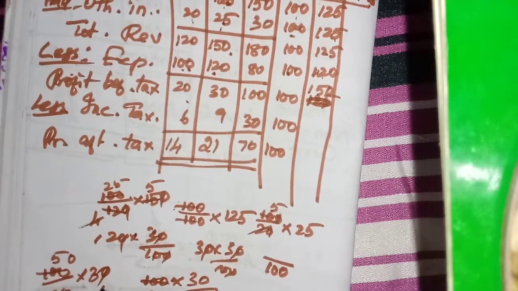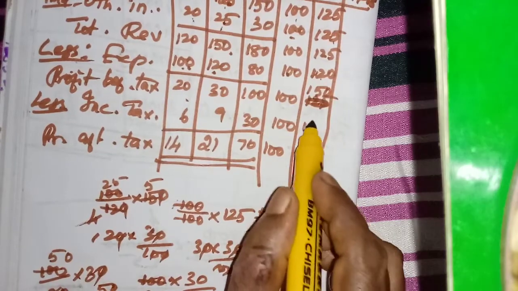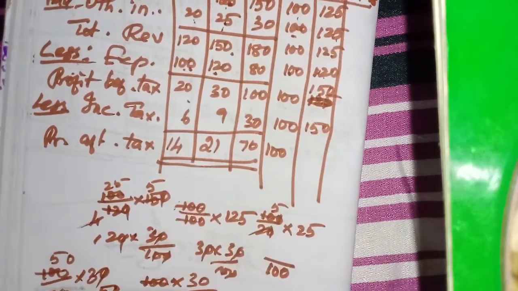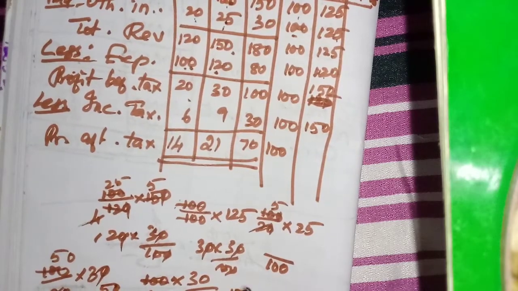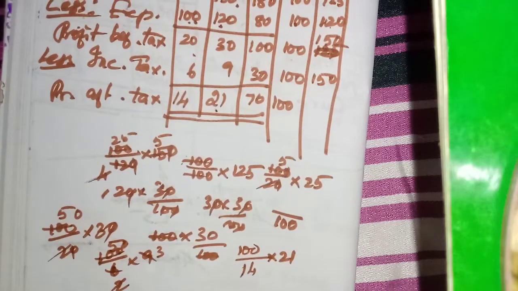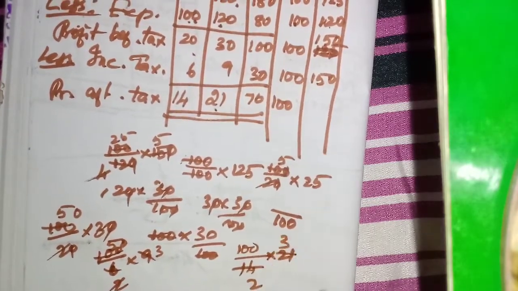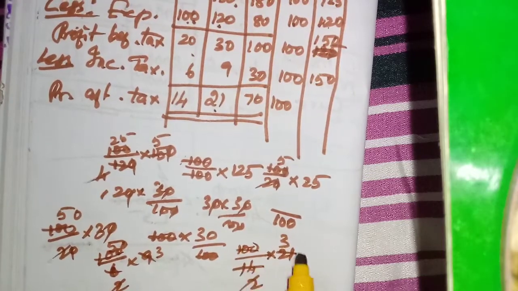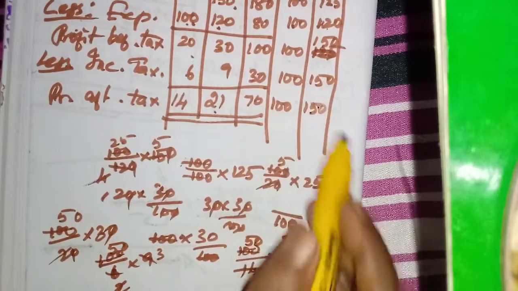Here 2, 50. 50 into 3, 150. Then again for 1400, then for 21. So here we can simplify by 7, isn't it? 2 7, 3 7. Then 2, 50. 50 into 3, 150.